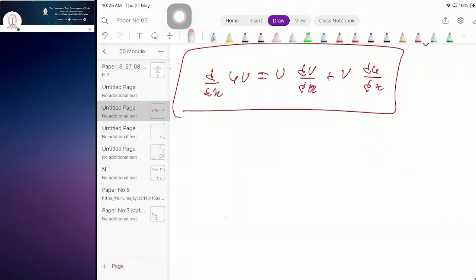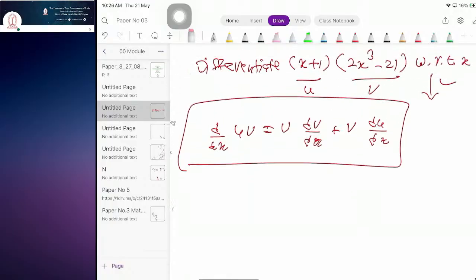Yes, you also try to find it out. You also try to find the value of that. Okay, so let's find them one by one.